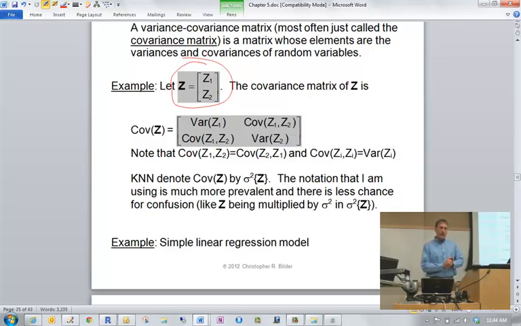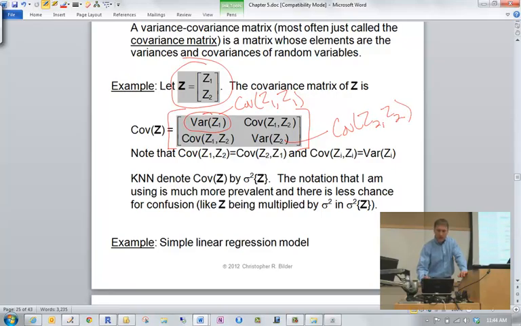And then the covariance of Z is represented like this. The 1,1 element is the covariance of Z1 and Z1. In other words, the variance. The 2,2 element is the covariance of Z2 and Z2. In other words, the variance of Z2.